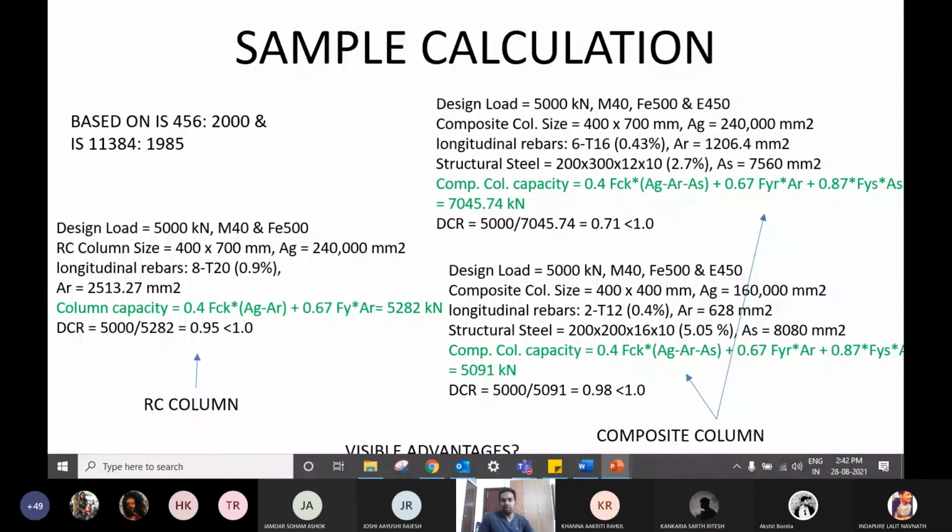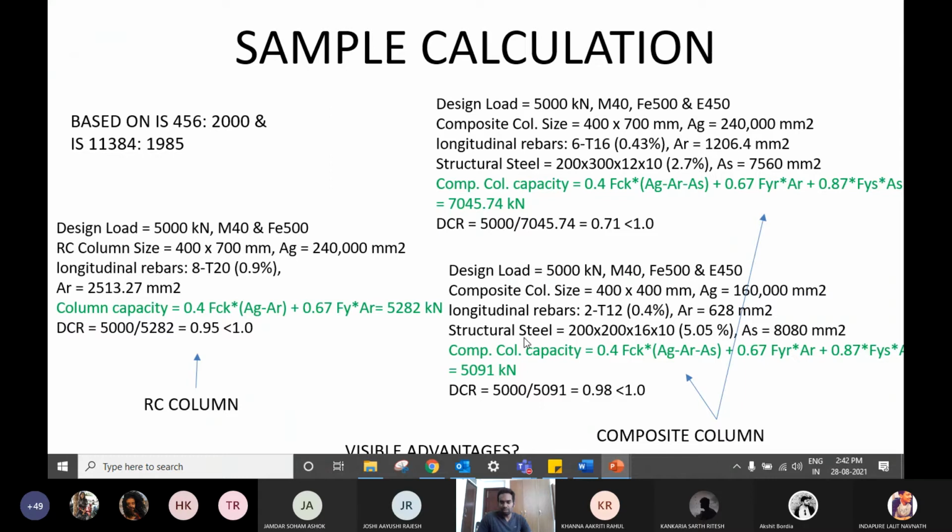Second thing is I want to reduce the column size for the same design load. Now I'm taking my composite column to be 400 by 400. And I'm providing fewer rebars, 2 numbers of T12, which in this case is 0.4%, because I've reduced the column size also. It's now 400 by 400 instead of 400 by 700.